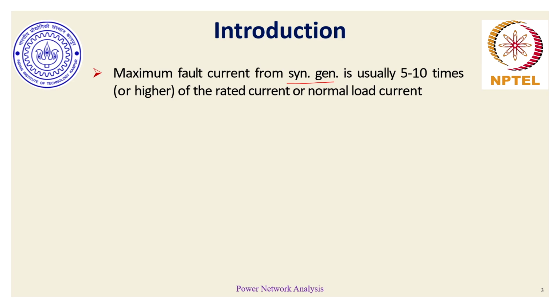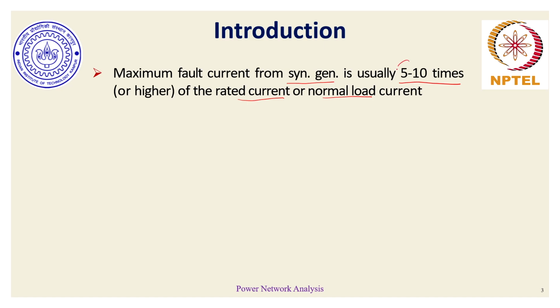A typical conventional thermal plant or hydro-based plant, which basically has a synchronous generator or several synchronous generators operating in parallel, during a fault has a typical current contribution of almost 5 to 10 times the normal rated load current.